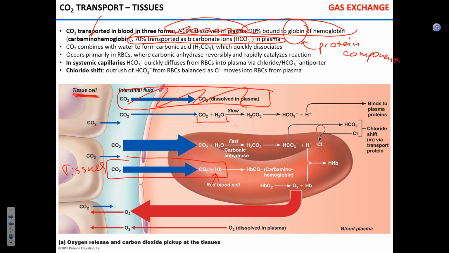The reaction with water is slow, and the product of that slow reaction is carbonic acid. Carbonic acid dissociates into bicarbonate and hydrogen ion. So far, does that make sense?